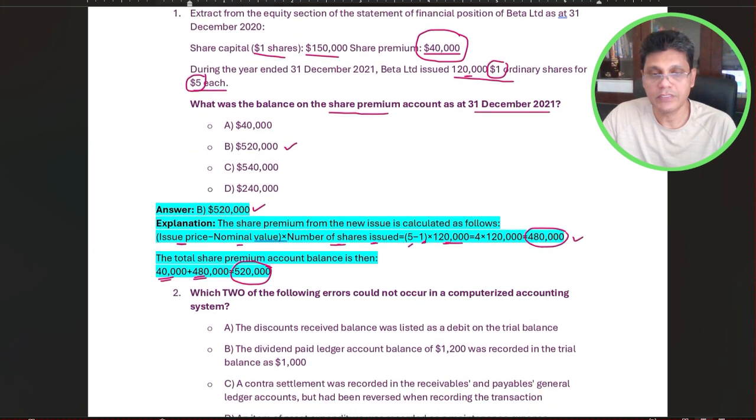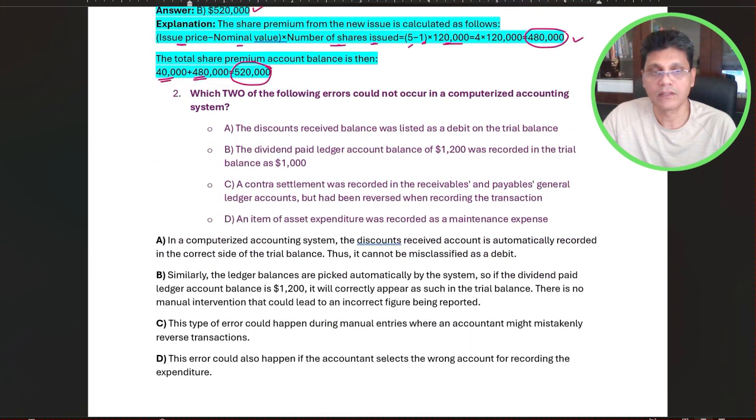Now let's move on to the second question. Which two of the following errors could not occur in a computerized accounting system? Okay, let's go through. The first one is the discount received balance was listed as a debit on the trial balance.